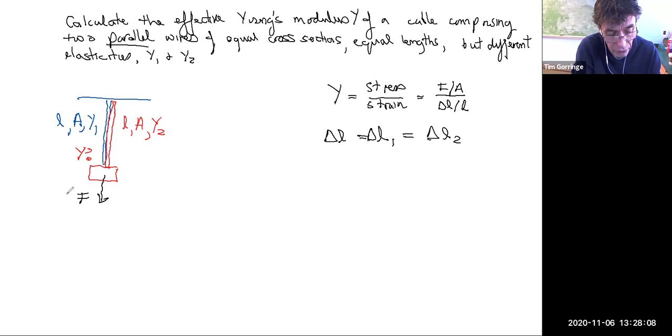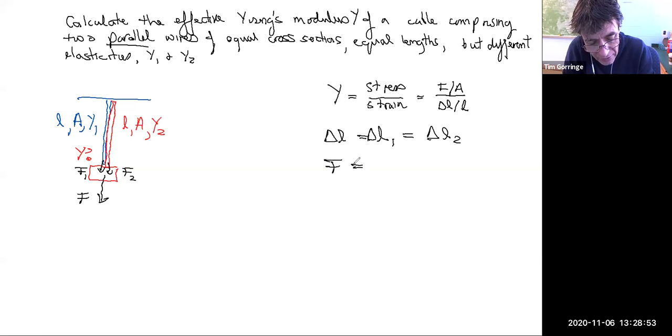I'll just call that total force F. That force is shared between the left-hand wire and the right-hand wire, so that there's a force, I'll call it F1, on the left-hand wire, a force F2 on the right-hand wire, and together they produce the total force that's exerted on the cable. And so the idea is that the total force on the cable is the sum of the individual forces on the individual wires that make up the cable.